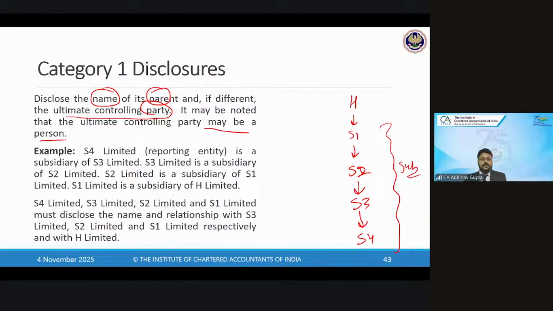Is the structure clear? Yes, sir, clear, sir. Now, suppose S4 is the reporting entity. Reporting entity means the entity that is preparing the financial statements, for whom we are identifying the related parties. For S4, which all related parties are there?